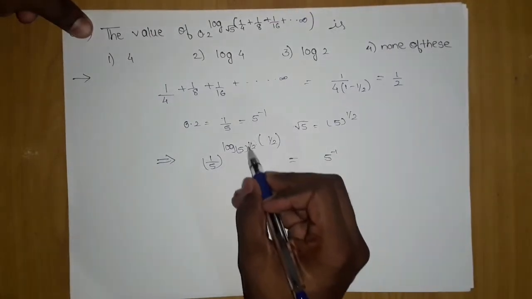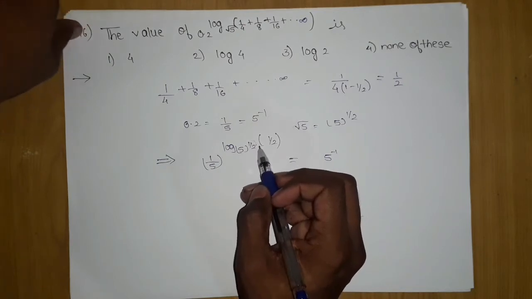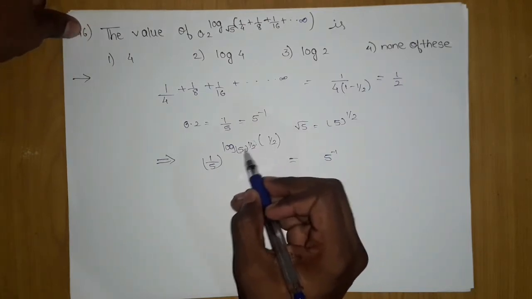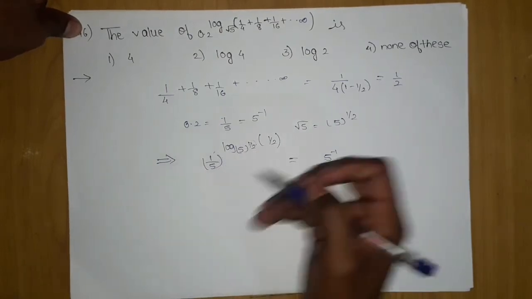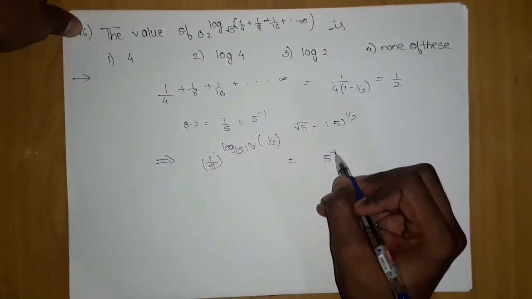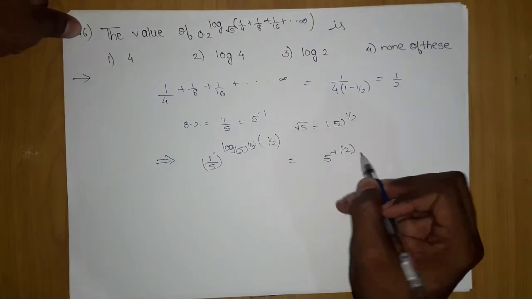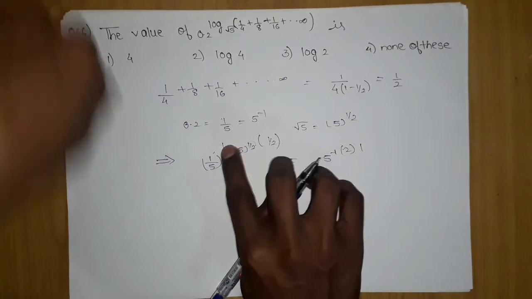This thing we can move, that is the property, that when any number is like this, we can move it here. Which will give me minus 1 into, just the reverse will happen, if it is 1 by 2 it will become 2.